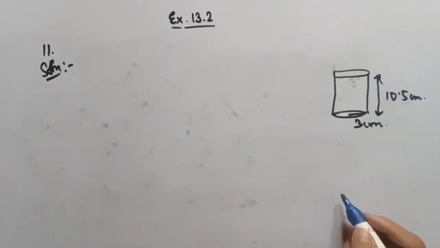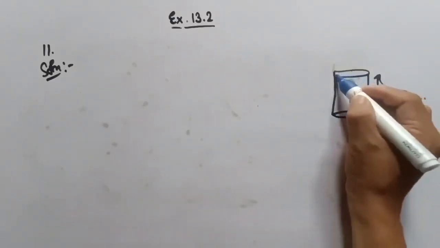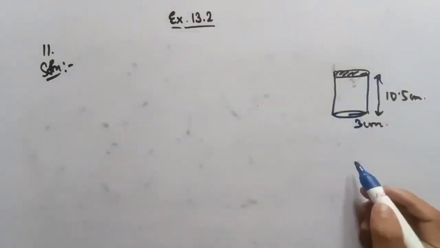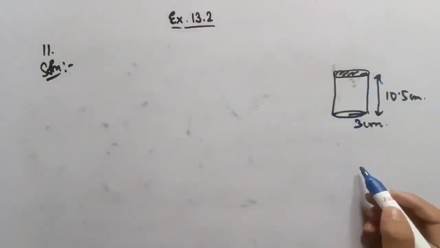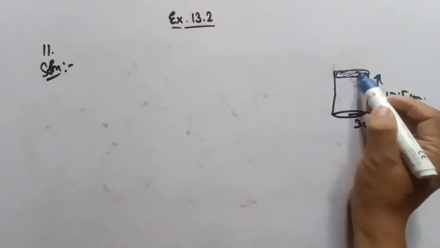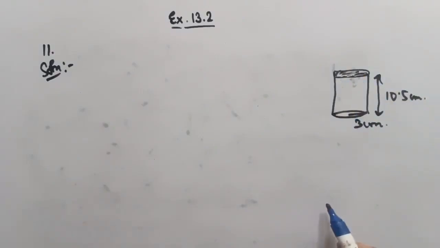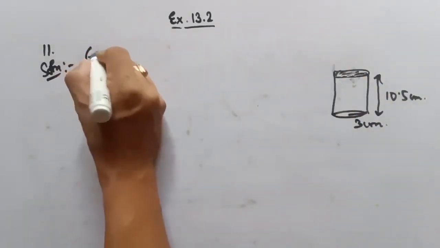As you know, this is a pen holder. The top part will be open, so we are going to find the total surface area of this pen holder excluding the top portion, which is in the form of a circle. So let us first write down the given information.